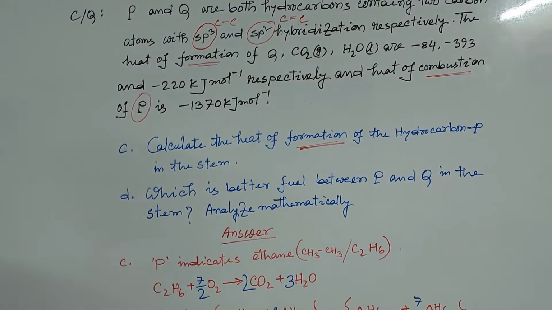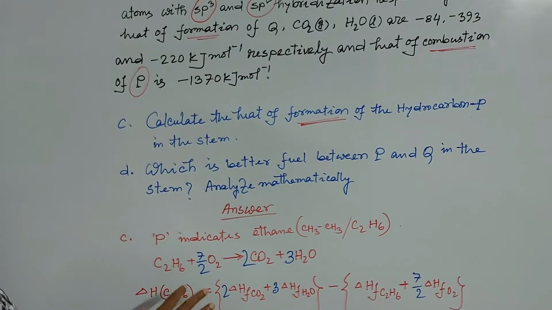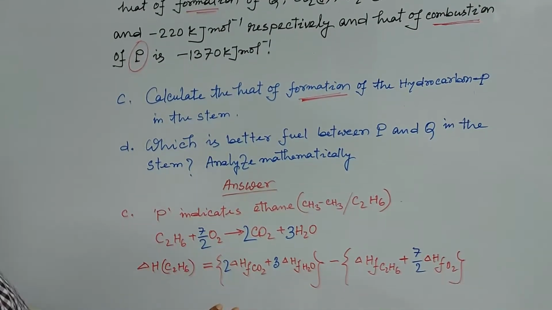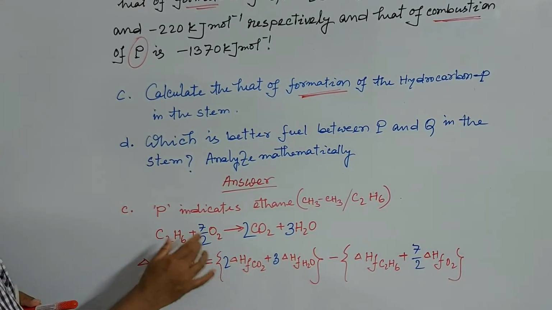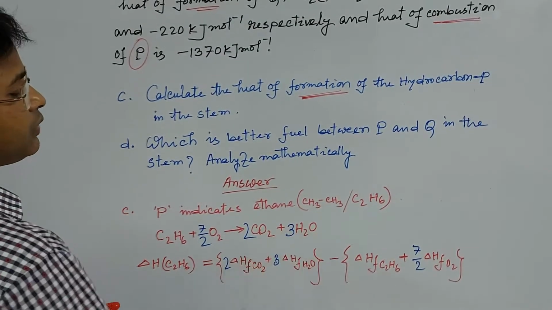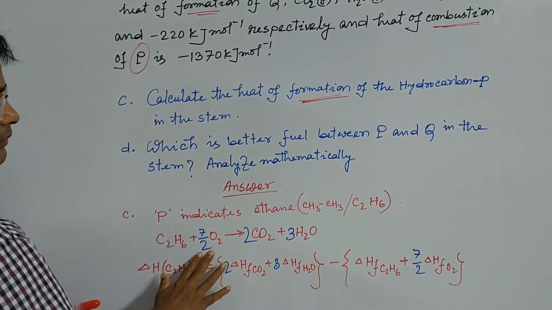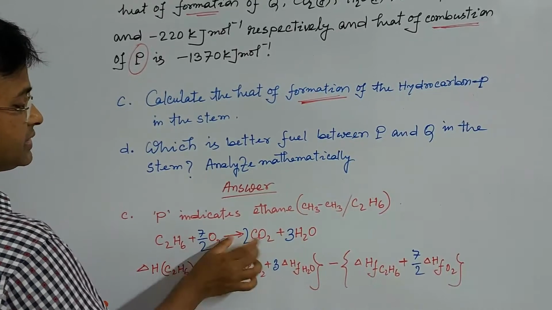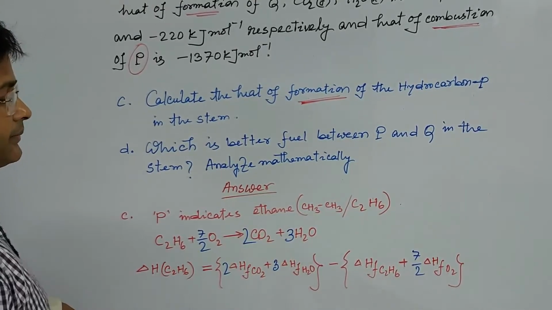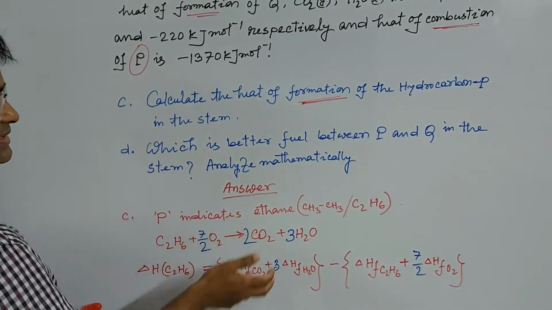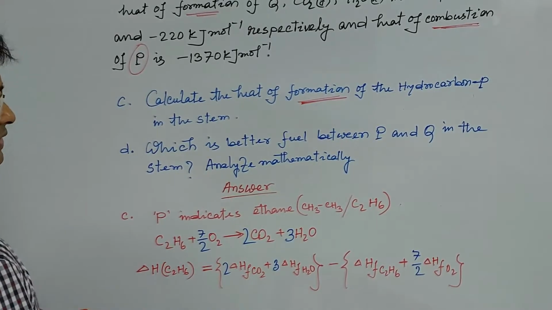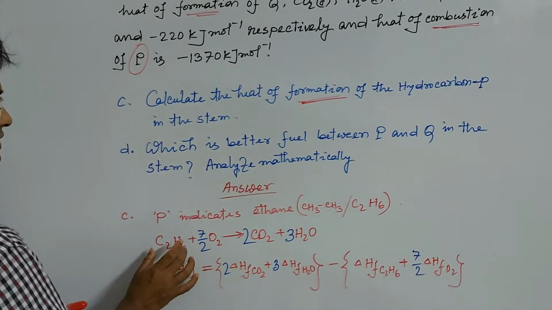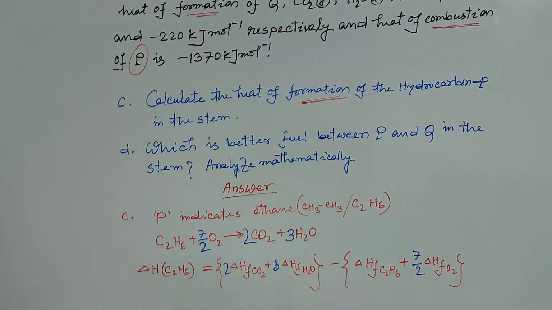My dear students, you must memorize this: in the combustion reaction of all hydrocarbons, carbon dioxide and water are produced. Only the coefficients of the balanced reaction are different, but the products are the same in the combustion of all types of hydrocarbons.